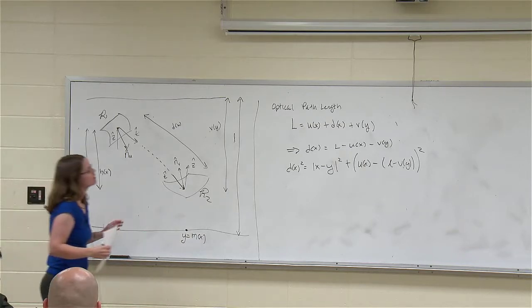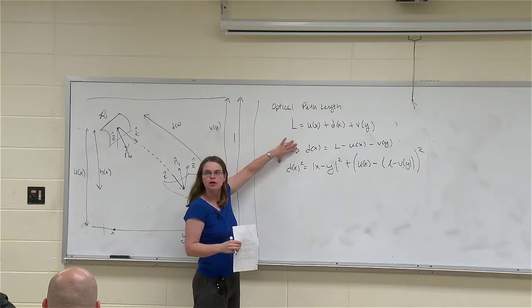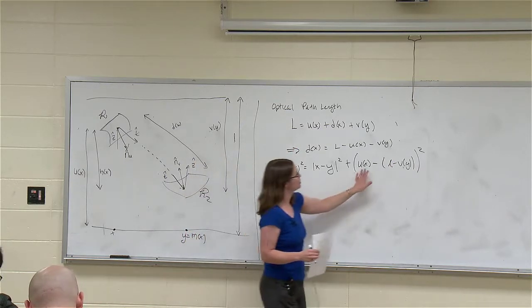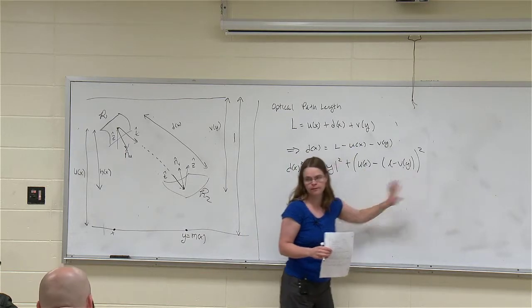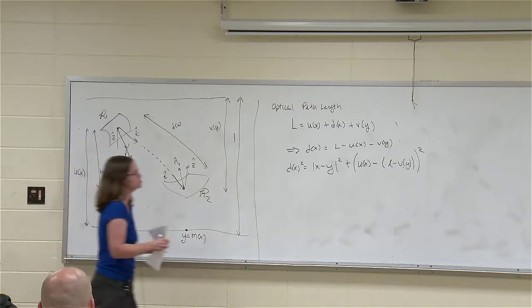So with two expressions for D, one thing that I could try to do is eliminate D and see if I can come up with a relationship between U and V. That's one obvious thing to try, because we know we need some kind of relationship between them.